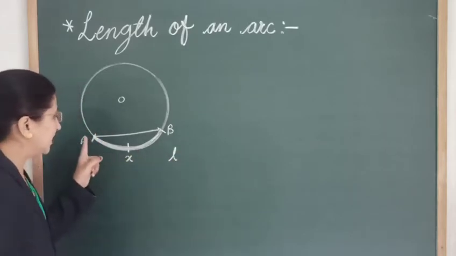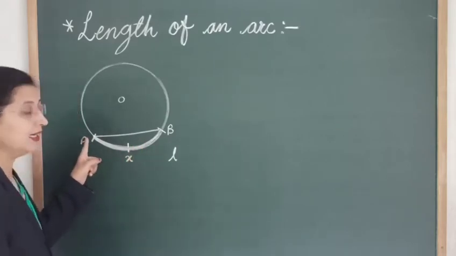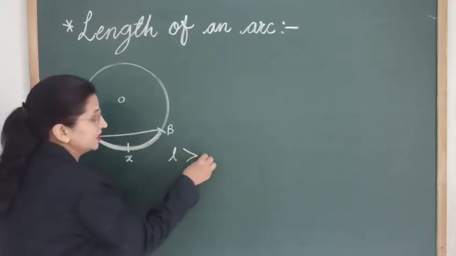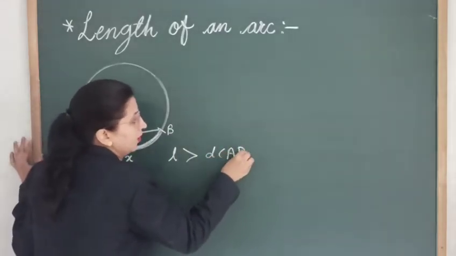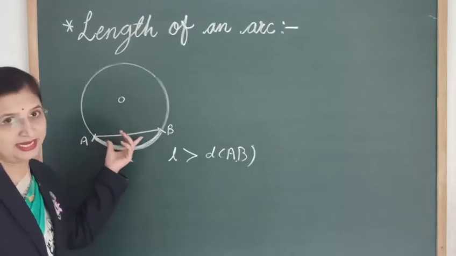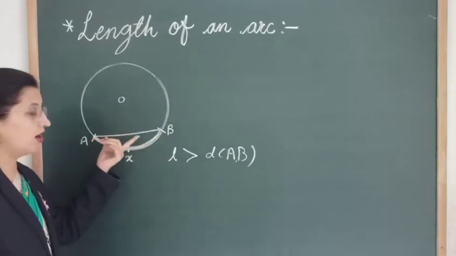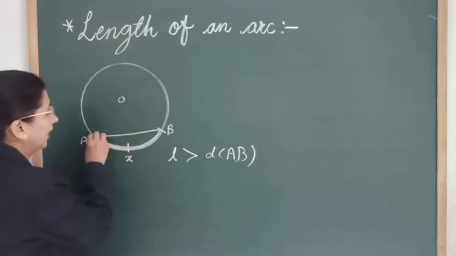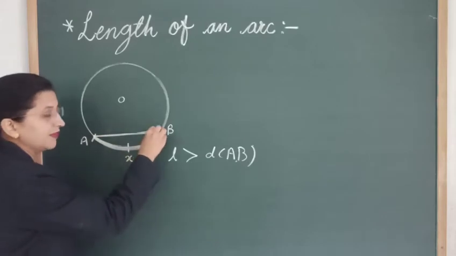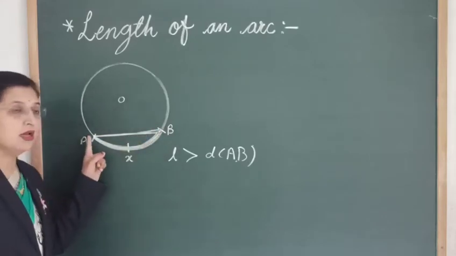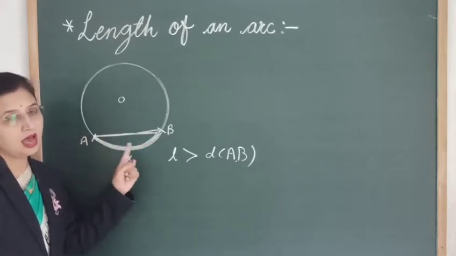So this length of arc, denoted by small l, is always greater than the straight distance between points A and B, or we can say it is longer than the chord AB. So length of an arc is the distance along the curved line making up the arc.